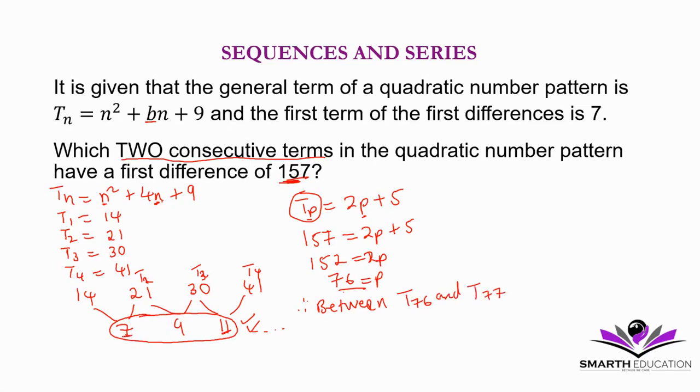Because term 1 for the first differences is between term 1 and term 2. Term 2 for the first differences is between term 2 and term 3. Term 3 for the first differences is between term 3 and term 4. So term 20 is going to be between term 20 and term 21. So term number 76 is going to be between term 76 and term 77.